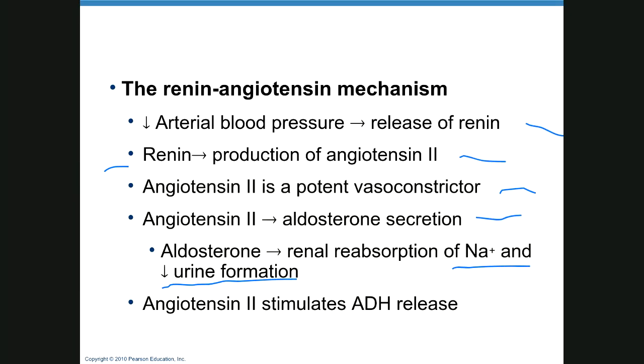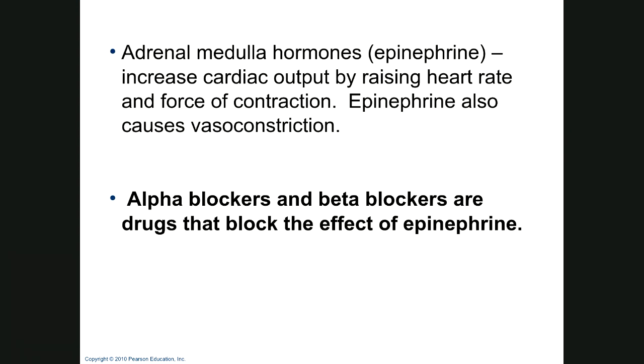So you're increasing the fluid, and you have this vasoconstriction. It also stimulates the release of antidiuretic hormone. So you have a second reason why you don't urinate as much. Antidiuretic hormone, you don't diurese, so you can retain fluids.